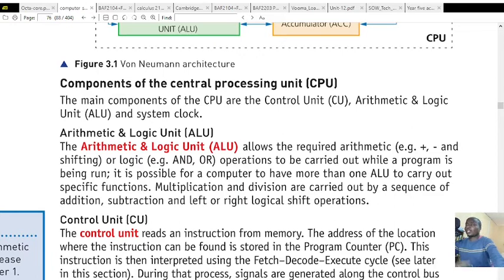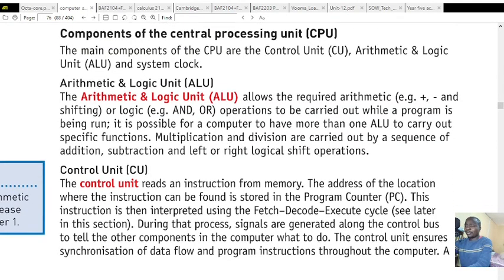So when the computer is running, there are arithmetic operations or even logical operations that must be carried out. The logic and the arithmetic operations are normally performed by the arithmetic logic unit. So that is in essence what the arithmetic logic unit does.